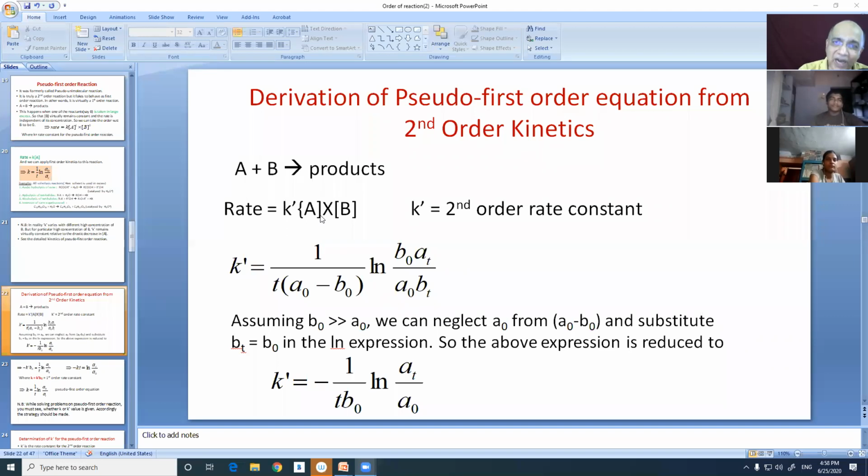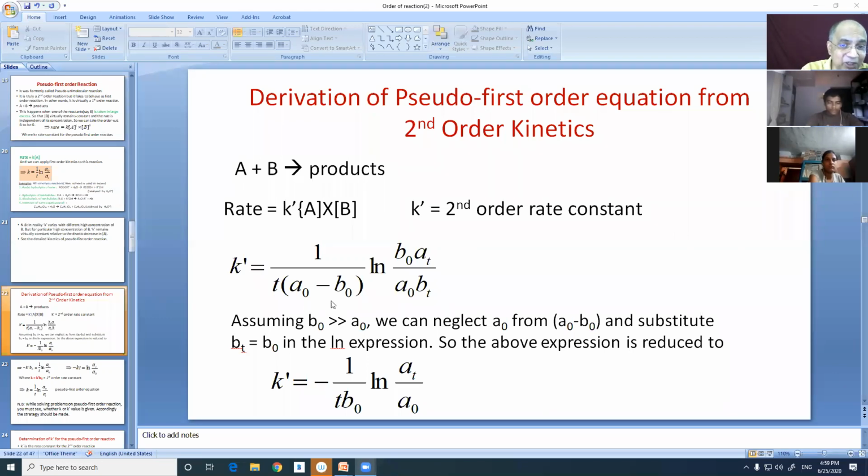Supposing you start from a second order reaction, A plus B giving products, and this K prime is the second order rate constant, not the first order, second order. Now, this is the final form. Deliberately, to distinguish between the first order constant and the second order constant, I have taken K prime is equal to 1 by t into A0 minus B0 ln B0 At by A0 Bt. I asked you to derive this equation, which you did.